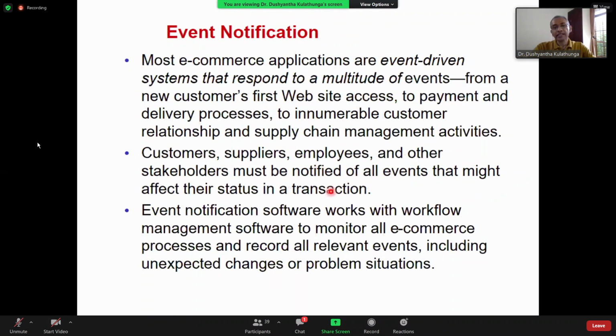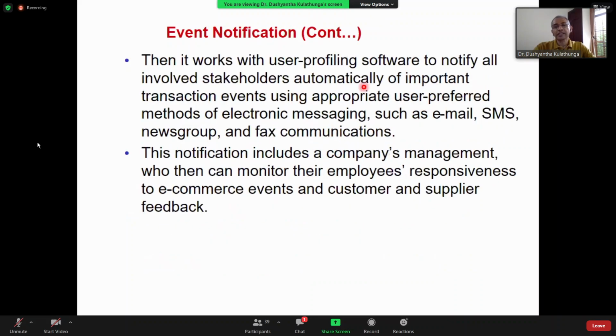As I highlighted earlier, if there is a status change related to customers, they have to be notified quickly, utilizing appropriate user-preferred methods of electronic messaging.